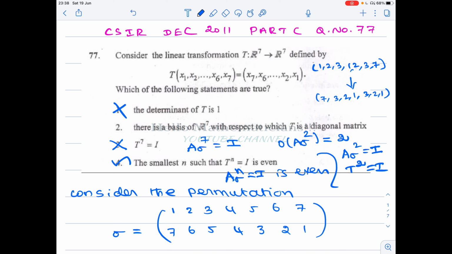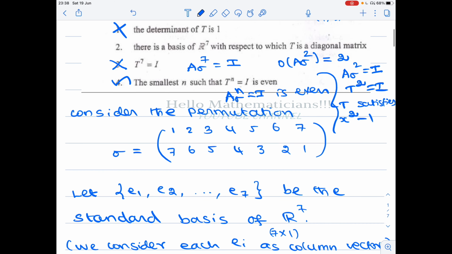That means that T satisfies the polynomial x squared minus 1. Okay, correct. So T satisfies x squared minus 1. This implies the minimal polynomial of T divides x squared minus 1.